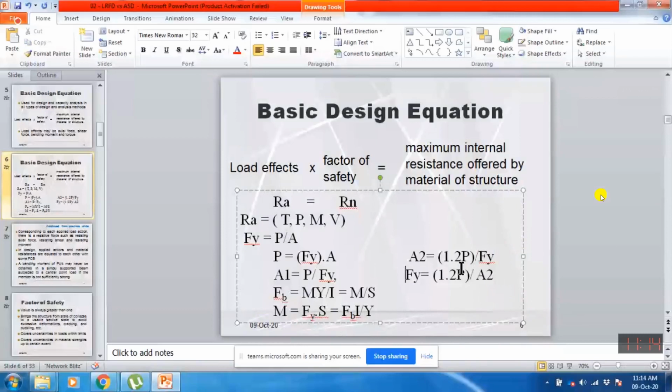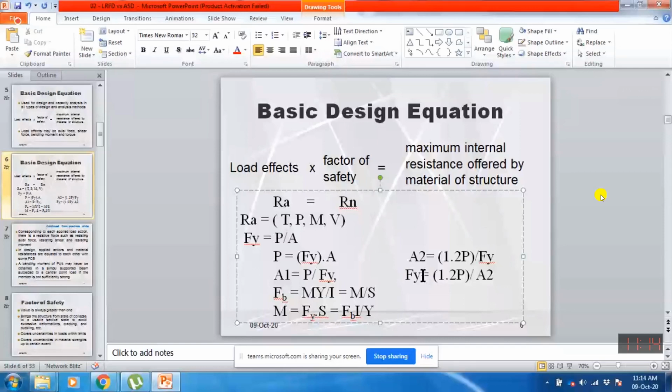So is it right? Actually, what I'm doing is assuming that if A2 is more, then I am reducing the applied stress. It means that at the serviceable stage, the member will not be subjected to the higher stress value.